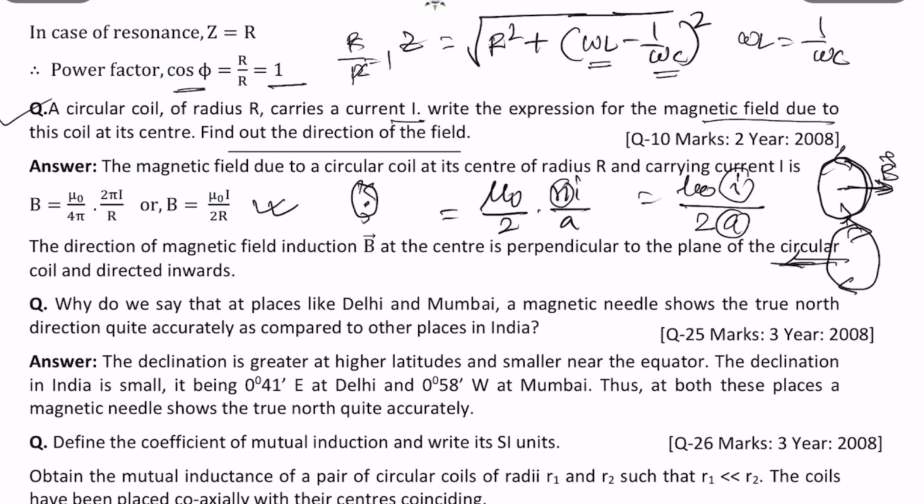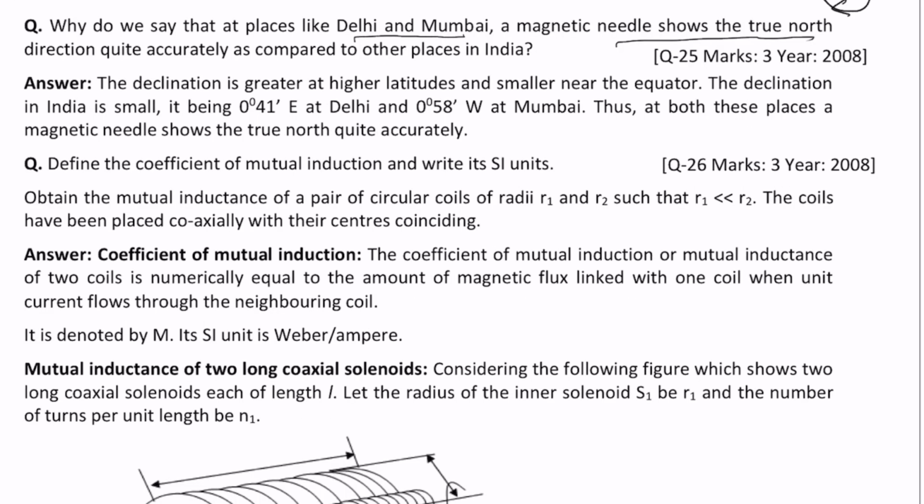Now, why do we say that at places like Delhi and Mumbai a magnetic needle shows the true north direction quite accurately as compared to other places? The declination is greater at higher latitudes and smaller near the equator.